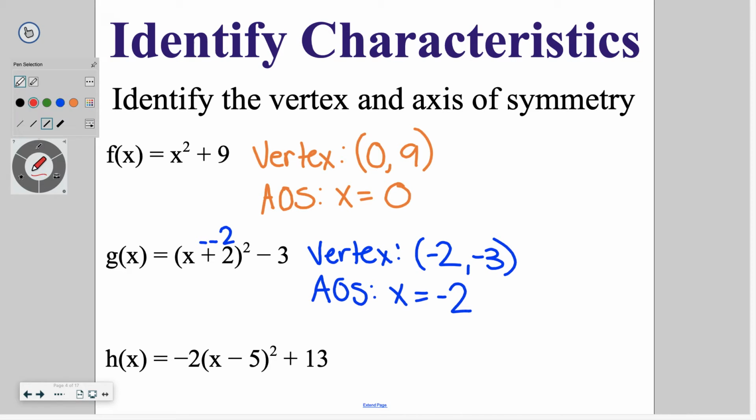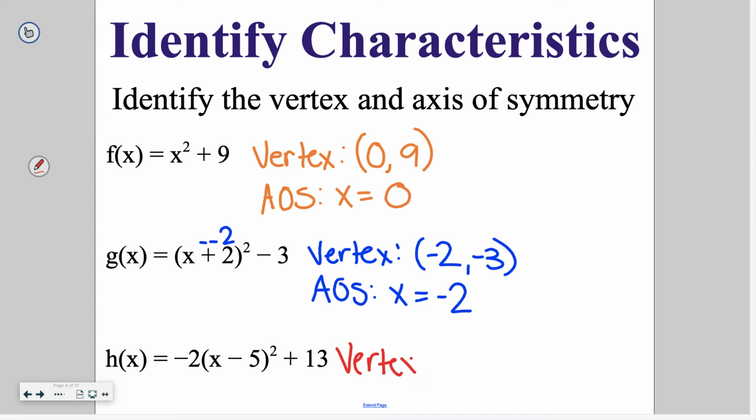This last one down here, I've got -2(x - 5)^2 + 13. That vertex, we're going to go ahead and look in the parentheses for our x coordinate. It says minus 5, so that means I'm going to pull out the positive 5 as my x value, and then I've got a positive 13, so I have a vertex at (5, 13).